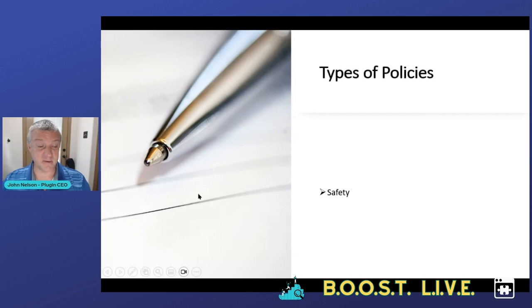So there are three basic types of policies that you come across. And most of these will be familiar. There's nothing unusual, but the first one is safety. There are safety policies for everything. If you've been in any average company, this is most of the time, sadly, still only if they are required, as opposed to looking out for the goodwill of folks.